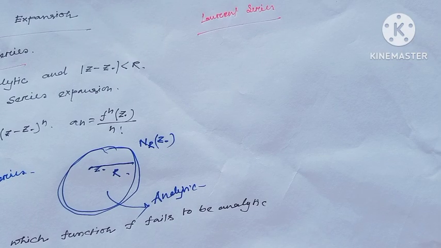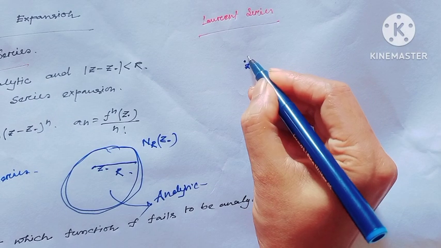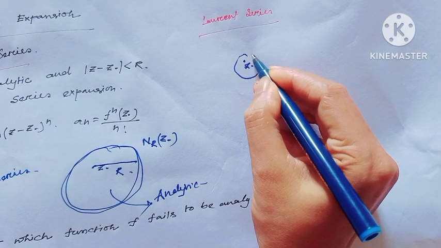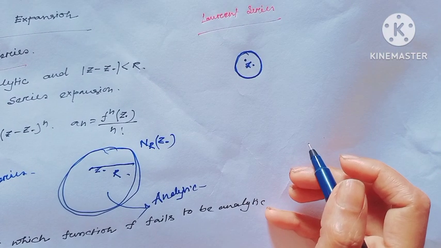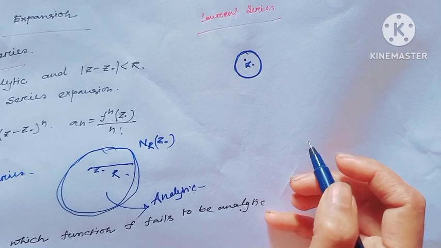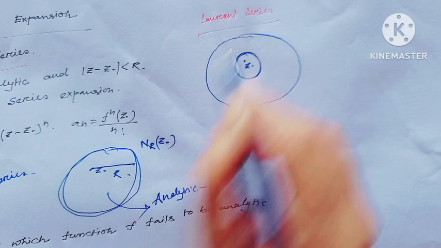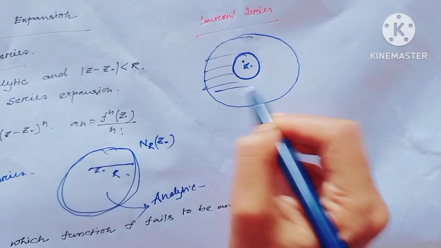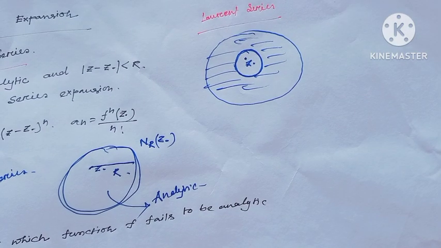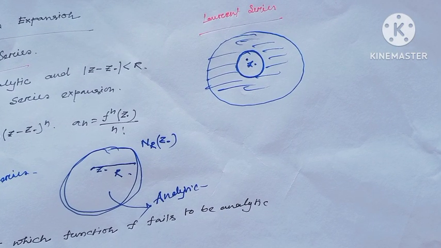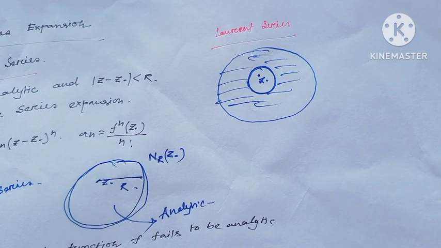That means the idea of the Laurent series is to consider the point z0, and in the neighborhood around this point the function is not analytic. But if we draw this type of region, in this region the function is analytic, and it is only not analytic in the inner region. So for this type of case, the Laurent series is applicable.